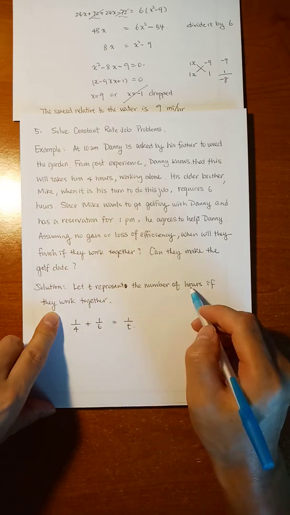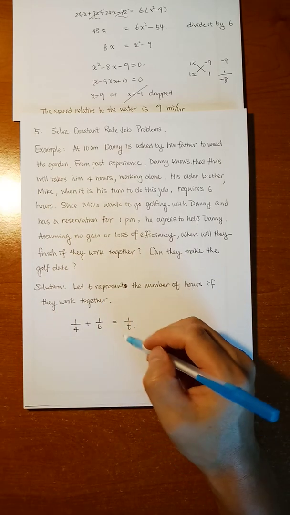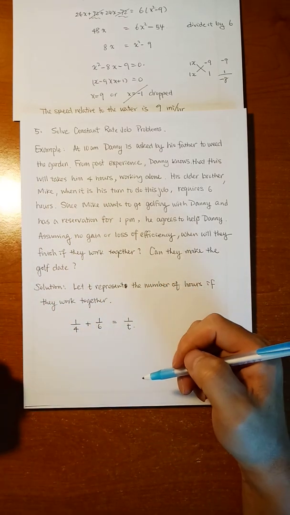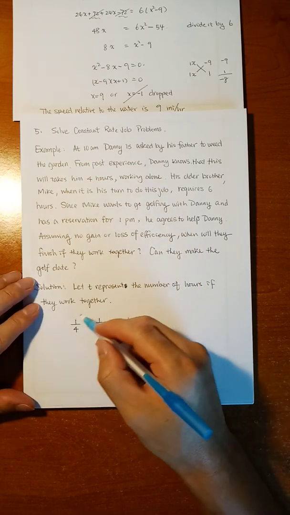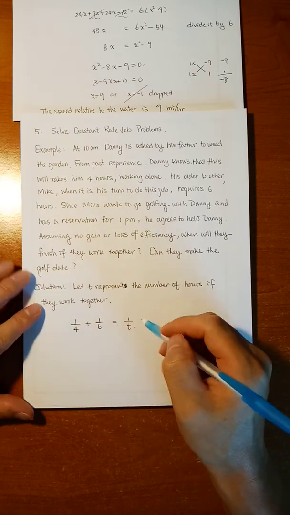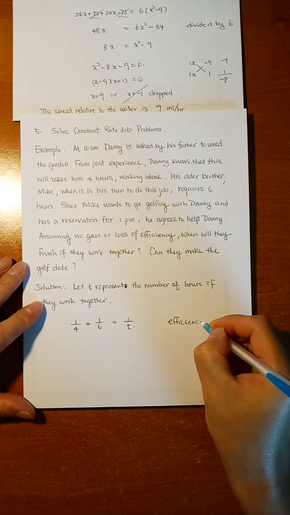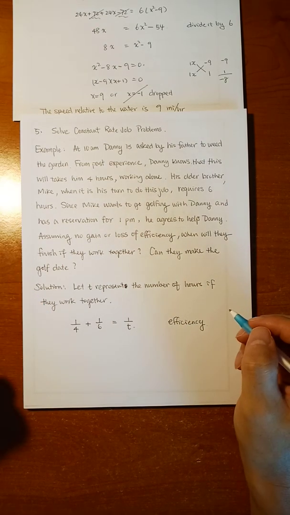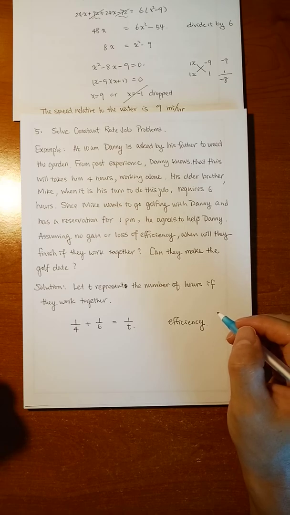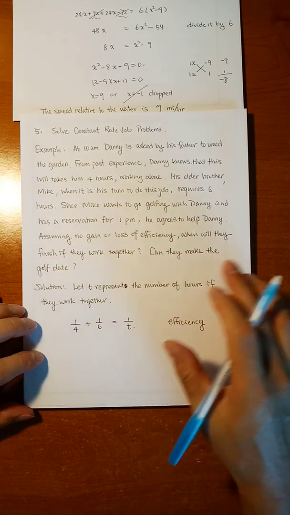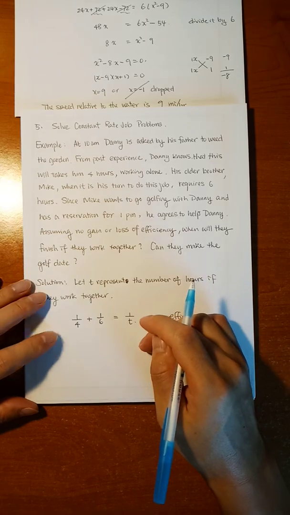It takes T hours for them to work together. So 1 hour is 1/t. This is one way to compute the efficiency. This is the other way to compute the efficiency. This is the efficiency comparison, right? Okay, then you just solve for it.